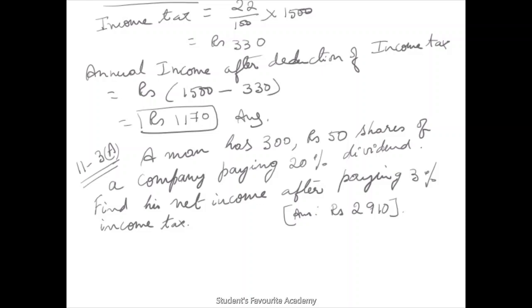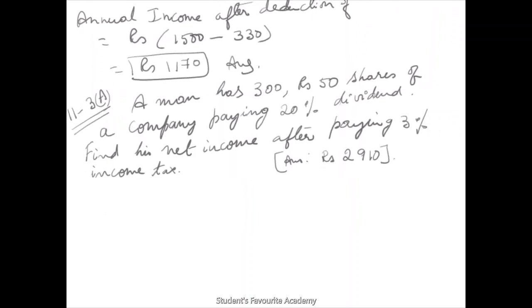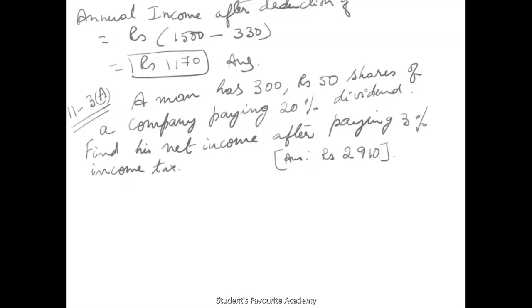The next question says, this is a board question also, and this is question number 13 of exercise 3A. Okay, and also a board question. It came in the year 2001. A man invests rupees 8,800.